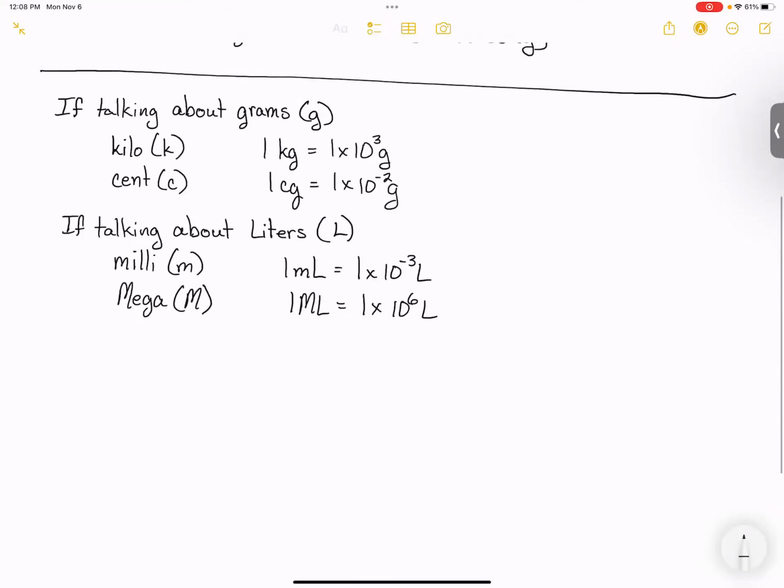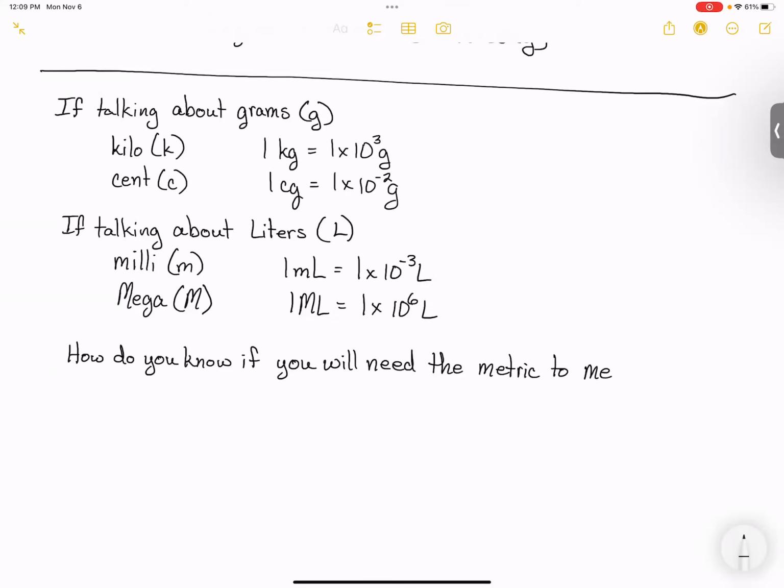Now, how do you know if you will need the metric to metric conversion table?